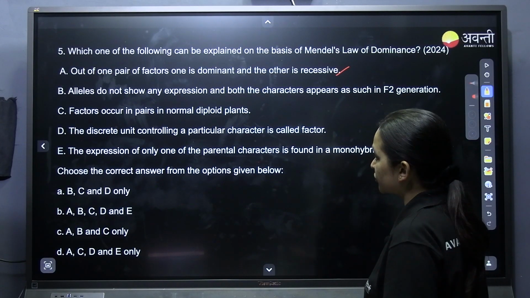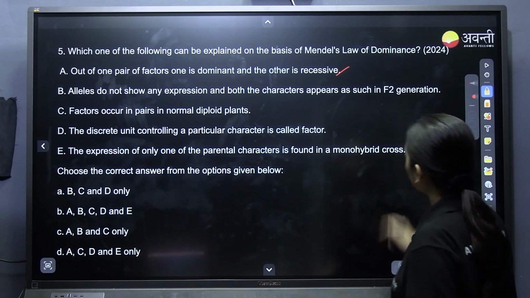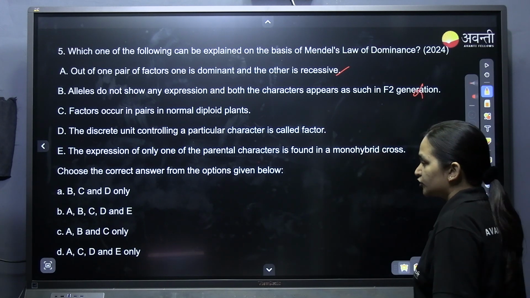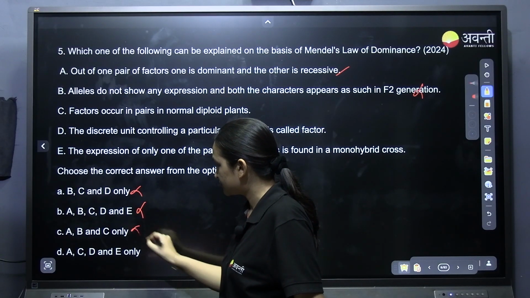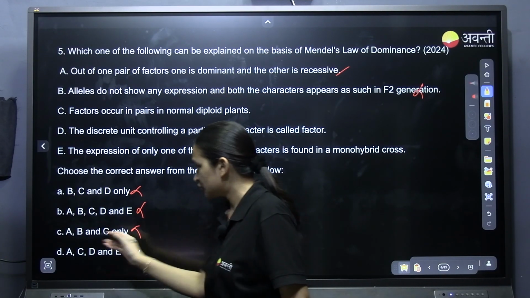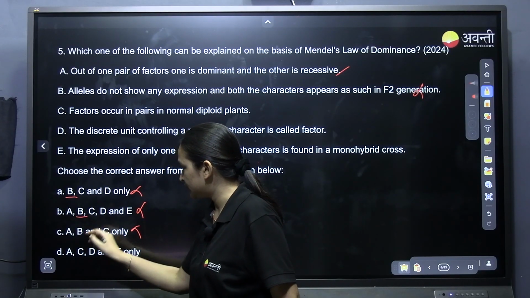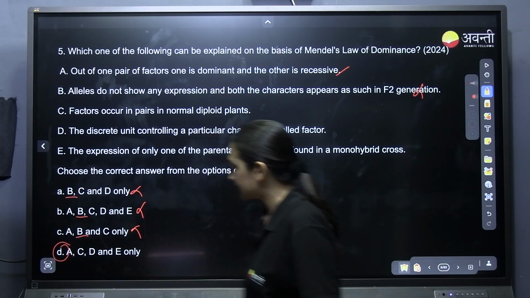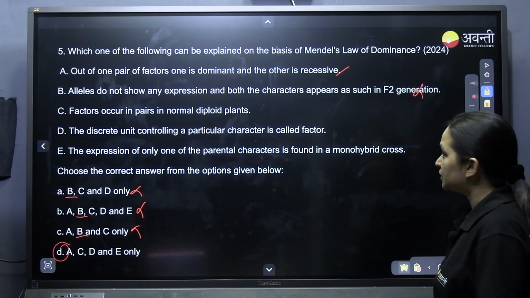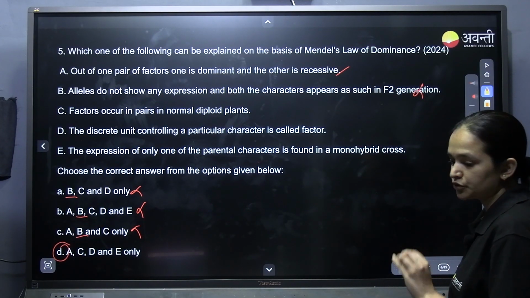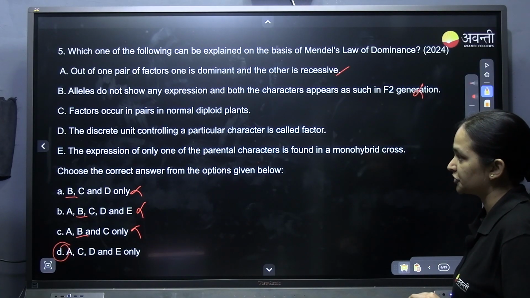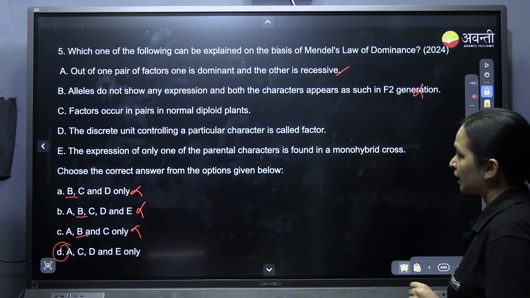No, B is wrong, isn't it? So with the elimination technique itself we can say D is the correct answer. We will go through the other options as well. See how useful the elimination technique is in such statement based questions. You can save a lot of time.